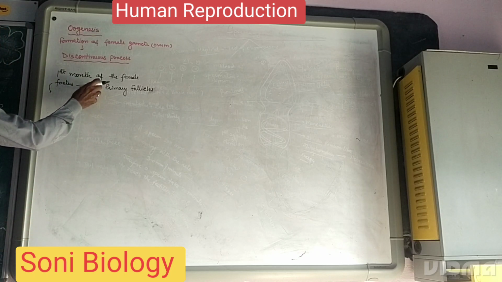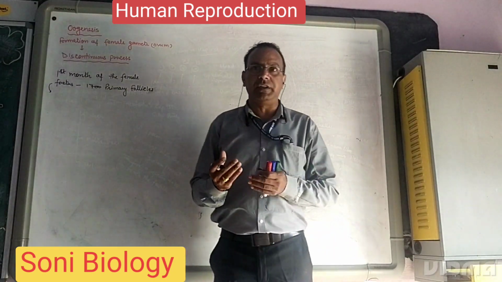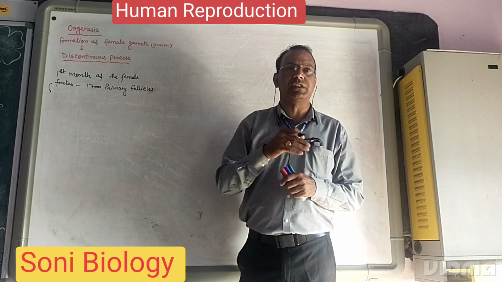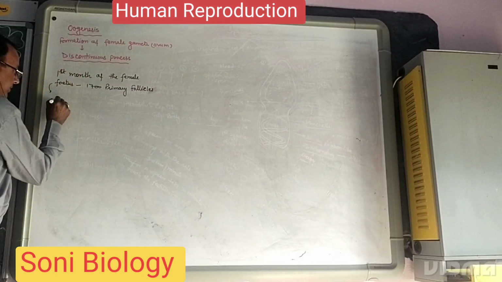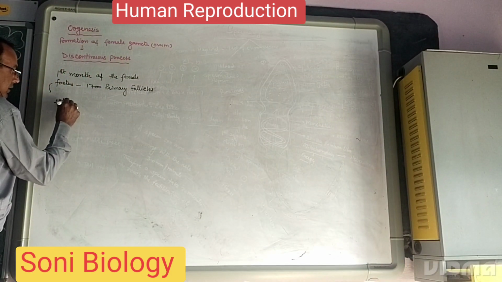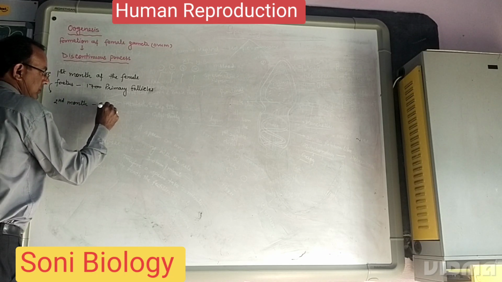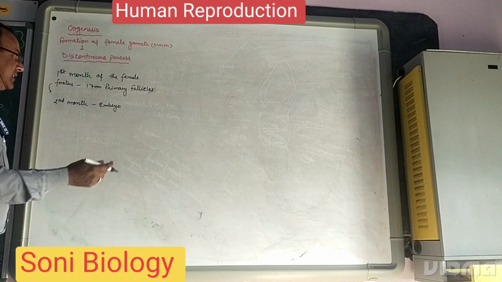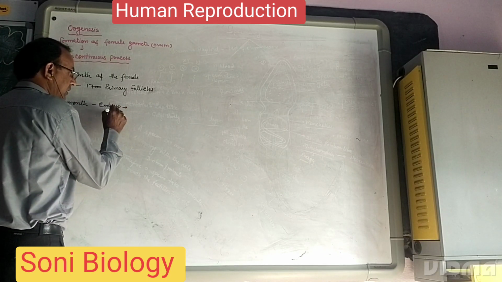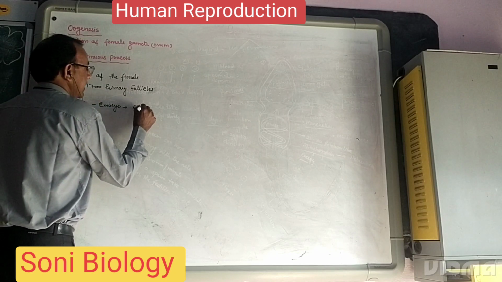This division in the primary follicles is a continuous process, and at the end of the second month of the embryo, the number of primary follicles increases due to division from 1700 to 6 lakhs.